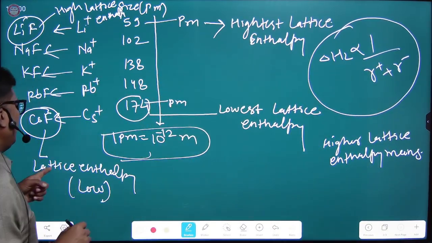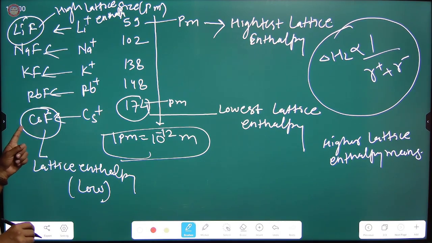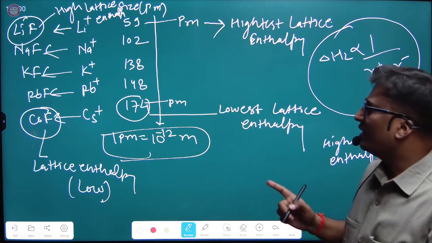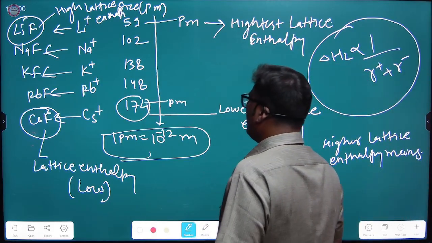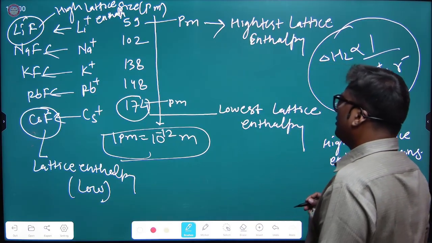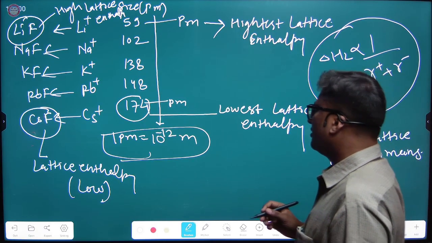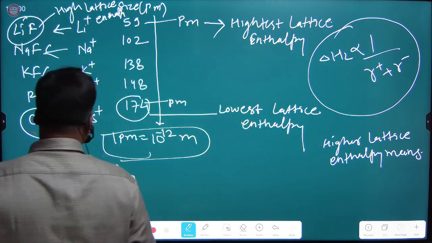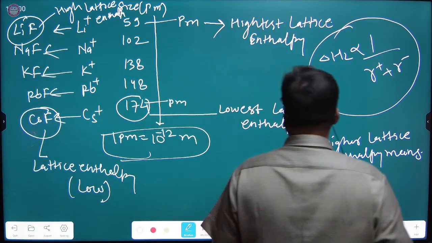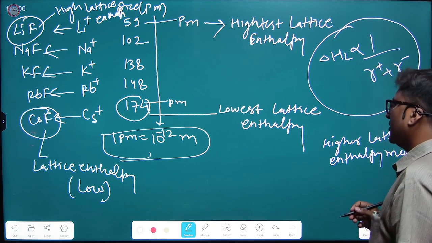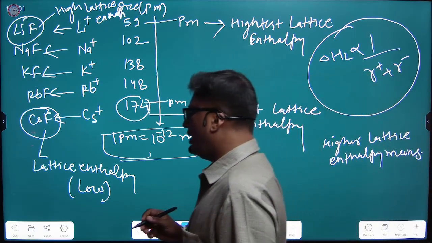Lower lattice enthalpy means there is a weak electrostatic interaction between cation and anion. In a broad sense, if there is more electrostatic interaction, the ionic compound has a higher melting point. It means if lattice energy is high, the melting point of the ionic compound is high.